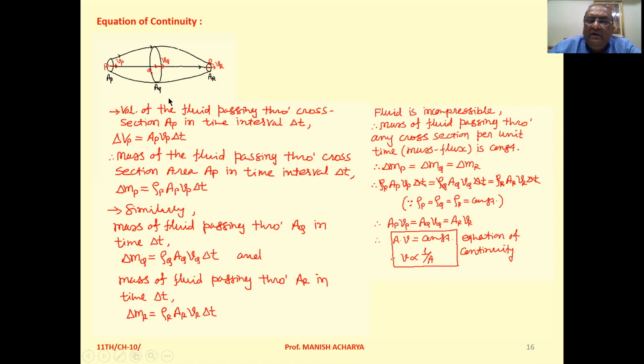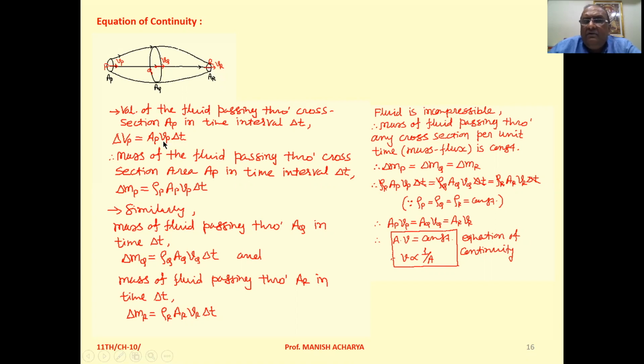Now suppose the velocity of the fluid at point P is Vp, at point Q is VQ, and at point R is VR.